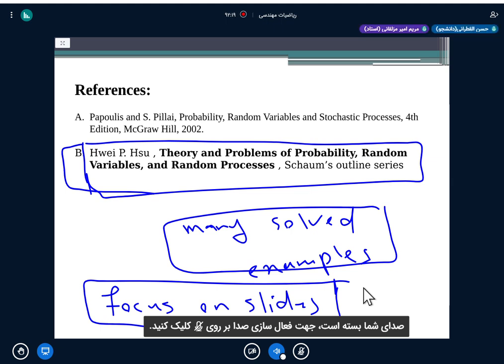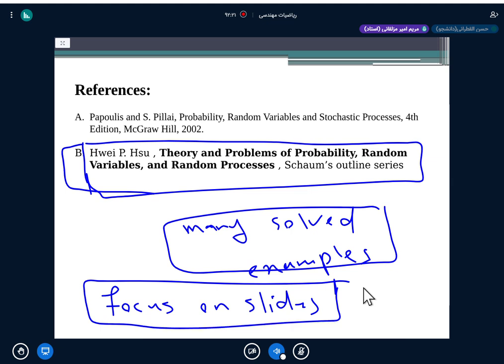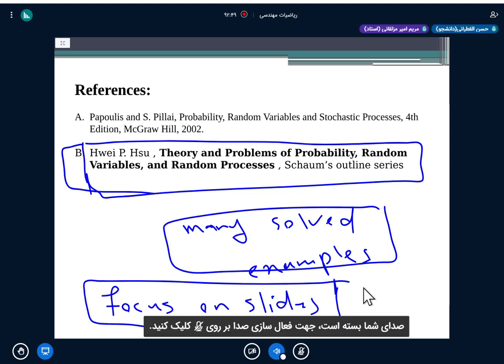Our time is very limited, and we have only three books in engineering math: one book for linear algebra and two books for probability, and we also have algorithms. We can't study all these books in one month.